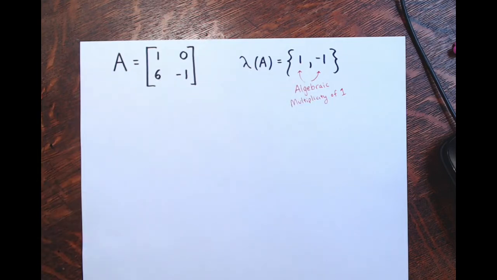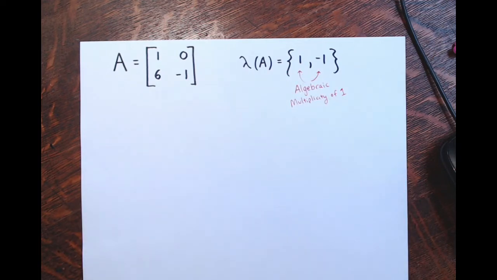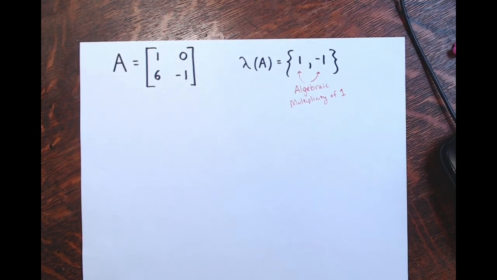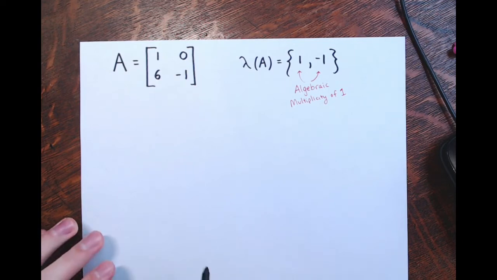and so the geometric multiplicities are going to be 1. This is diagonalizable. If all the eigenvalues are different, if they all have an algebraic multiplicity of 1, your matrix will be diagonalizable. Okay. But now the eigenvectors.